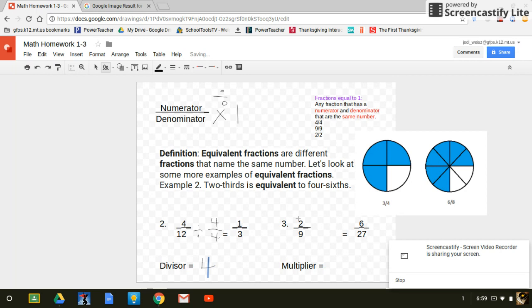On problem number 3, we notice that we are going from a fraction of 2/9 up to 6/27. Our number on the denominator is bigger, and our numerator on the top is also bigger than our original fraction.